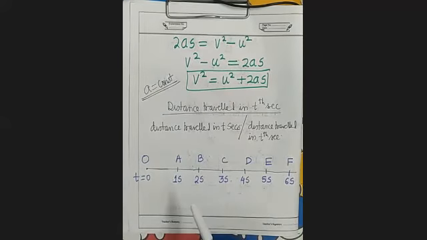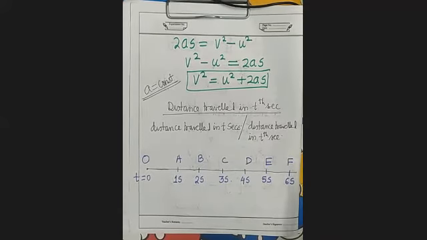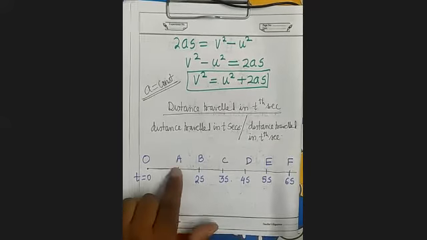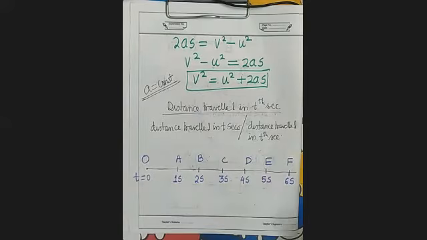If I ask, all of you answer this. What is the distance traveled by the body in 4 seconds? So it is AB or BC or what?